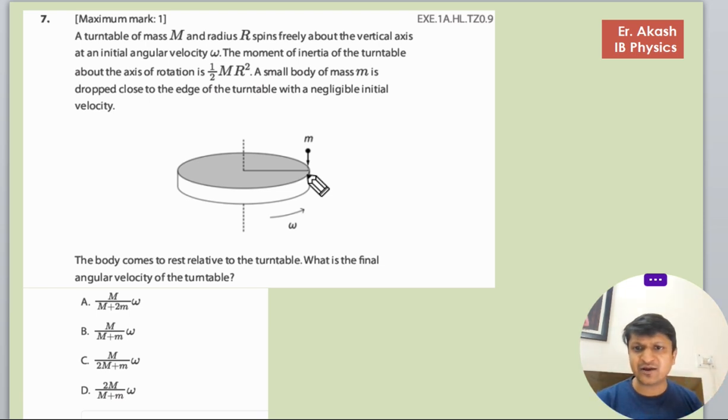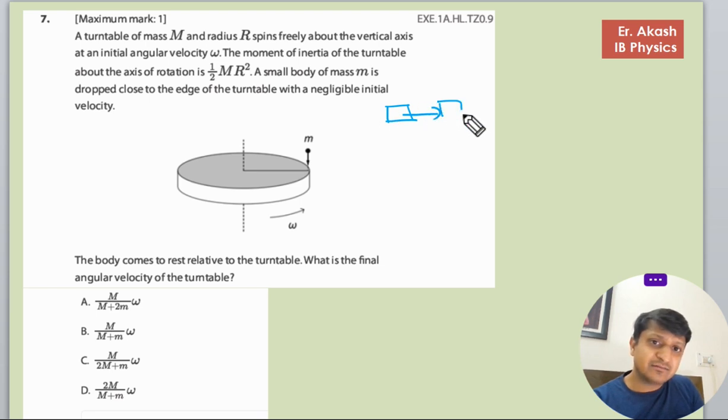What is the final angular velocity of the turntable? So earlier that table was moving with omega, but when that particle has stuck to it, what is the final velocity?